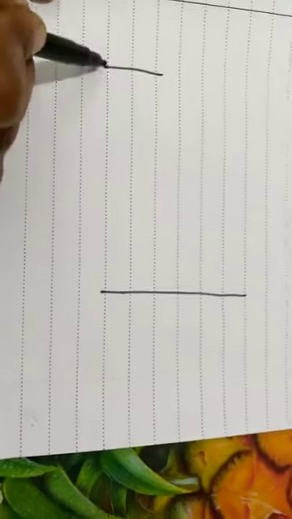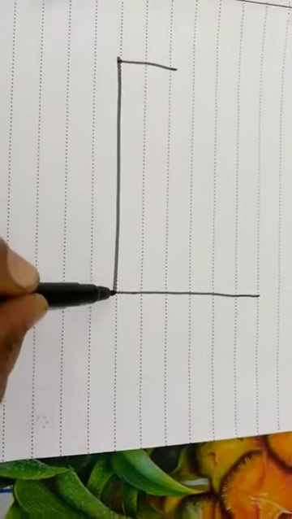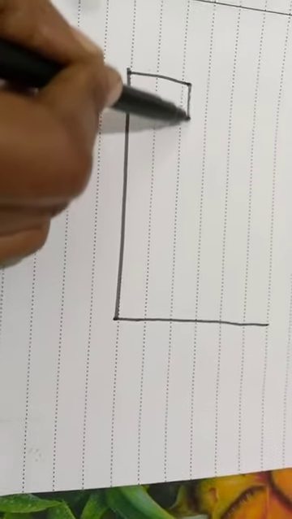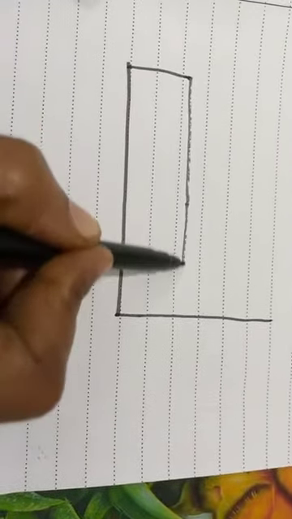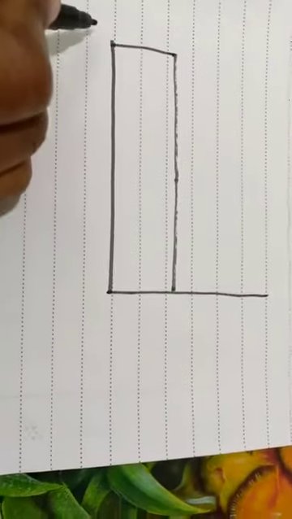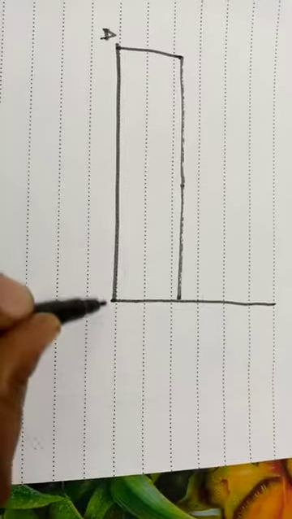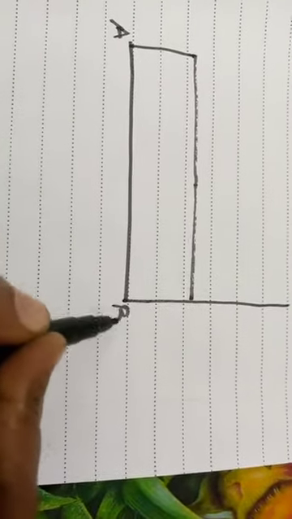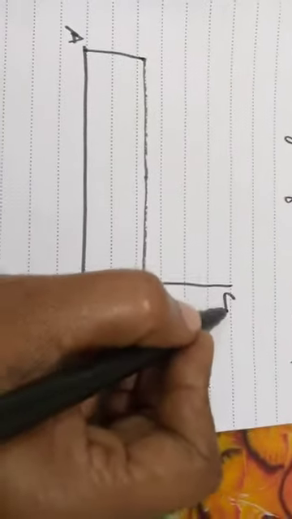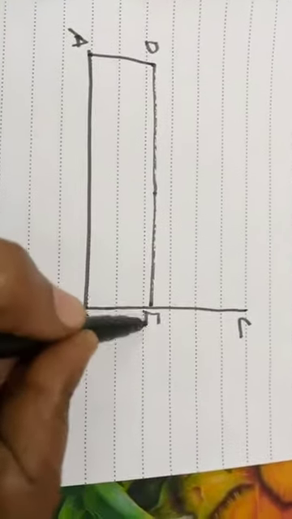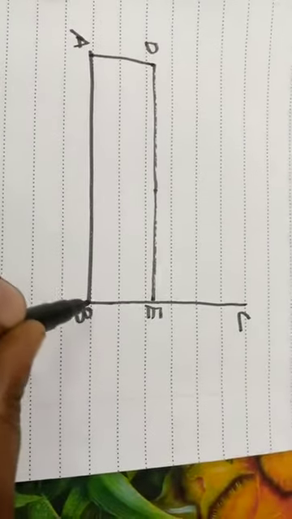So join the ground level and the top of the pole, and name it A, B, C, as you wish, and this one D, E, as you wish.